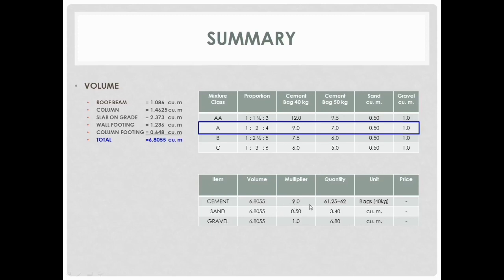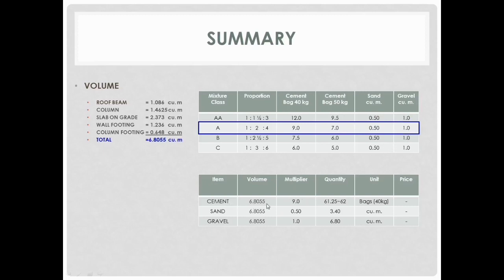Yung multiplier natin, galing yan doon sa class A. So, itong 9, ito yan, galing sa column ng cement bag for 40 kg. Then, itong sand, 0.5. Gravel is 1.0. So, kung mapapansin nyo, yung multiplier natin sa sand and gravel, kahit anong mixture class yan, parehas lang na 0.5 and 1.0.